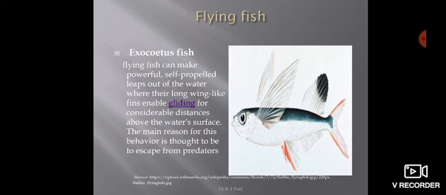A well-known example is the flying fish, also known as Exocoetus. It is a carnivorous fish that feeds on prawns and small fishes.